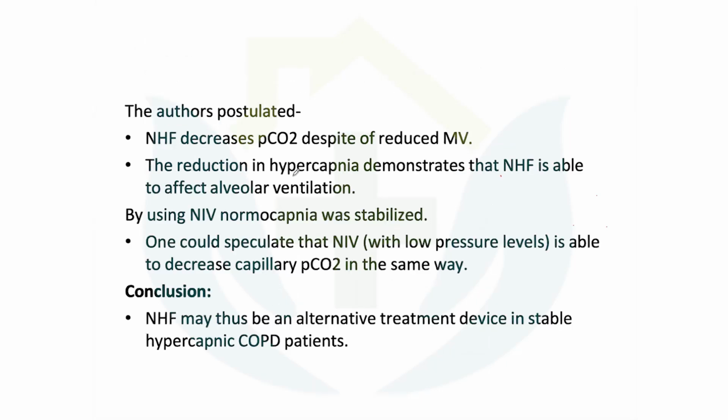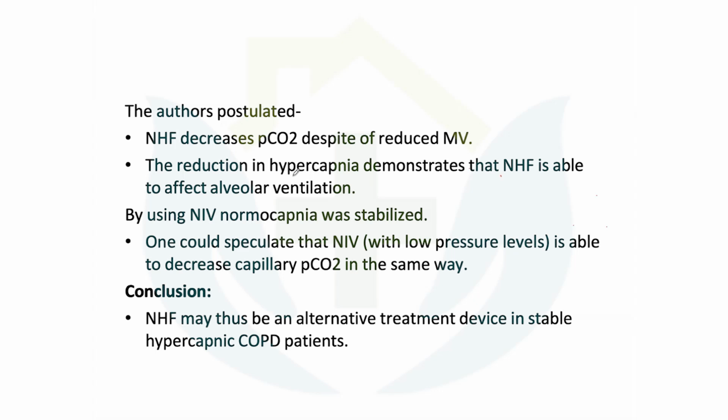So the authors postulated that this NHF decreased PCO2 despite reduced minute ventilation; the reduction in hypercapnia demonstrated is able to affect alveolar ventilation, and using NIV, normocapnia was stabilized. One could speculate that NIV is able to decrease capillary carbon dioxide in the same way.